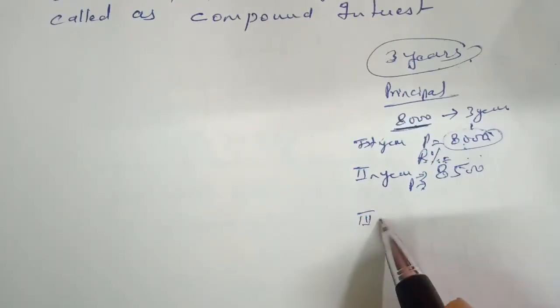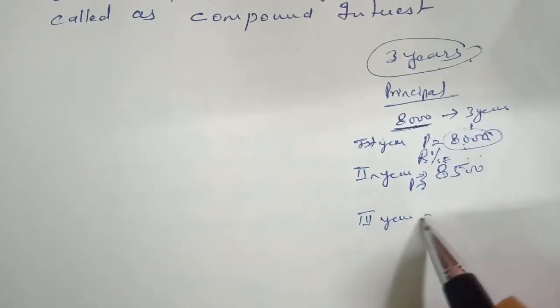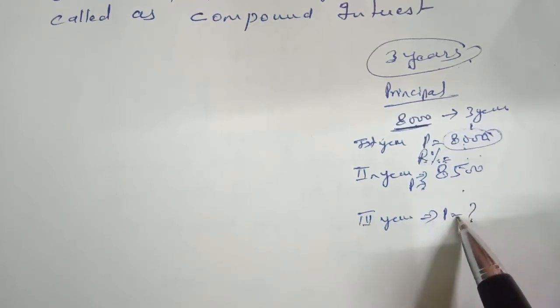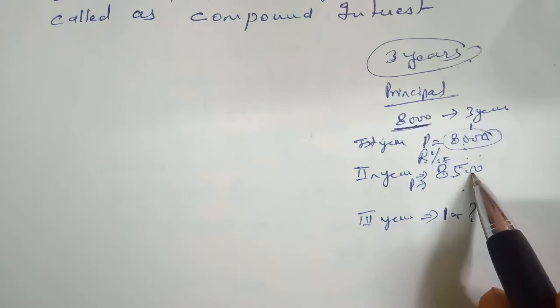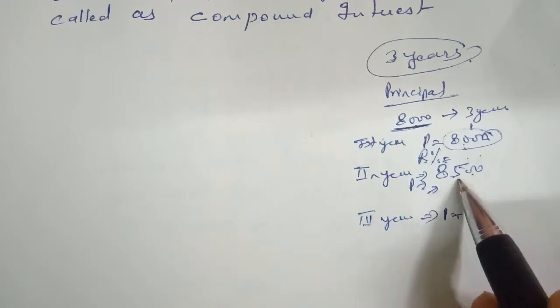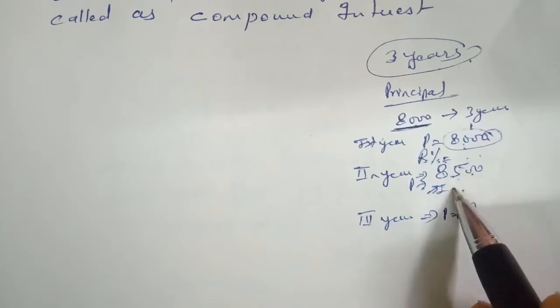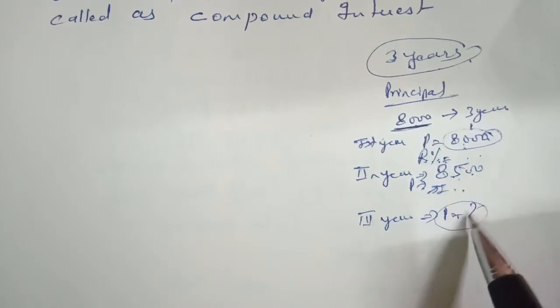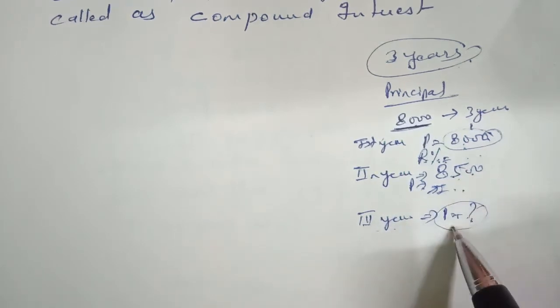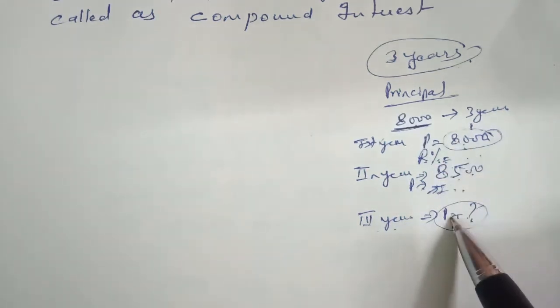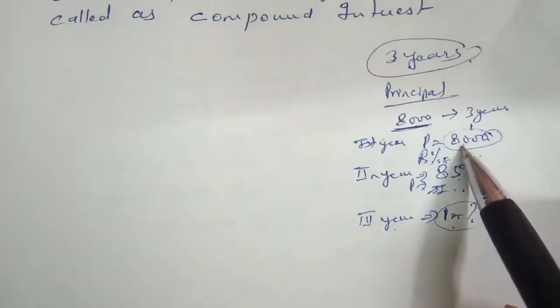For the third year, the principal will change again. The interest for the second year will be paid to you and both will be added, and after addition you get the principal for the third year. So you can observe that it is not so easy to find interest. It is a complicated one.